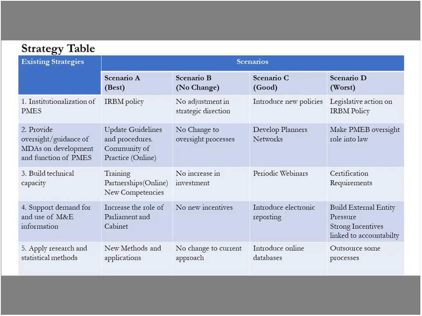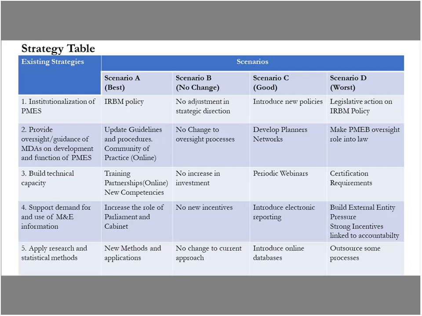So we need to now move to legislative action and strong policy action to provide improved oversight. If this scenario should occur, we have to establish PMEB's oversight role in law. To continue to build capacity, one of the strategies will be moving to certification requirements, so our planners would be self-driven to develop the kind of competencies to maintain their roles and job functions.